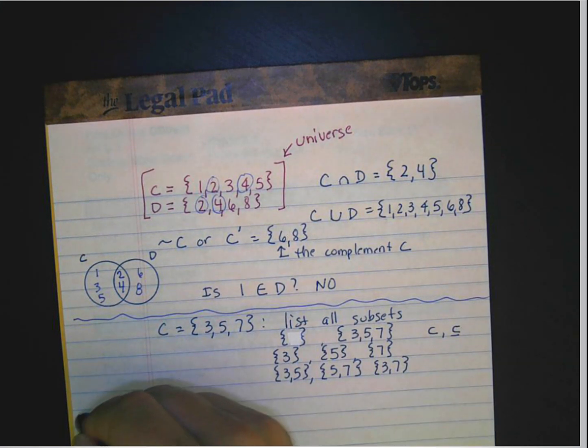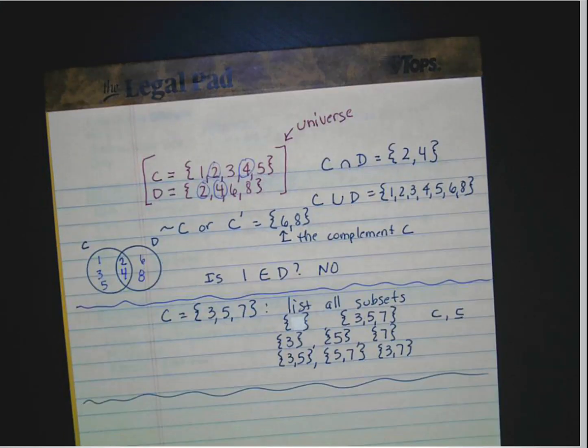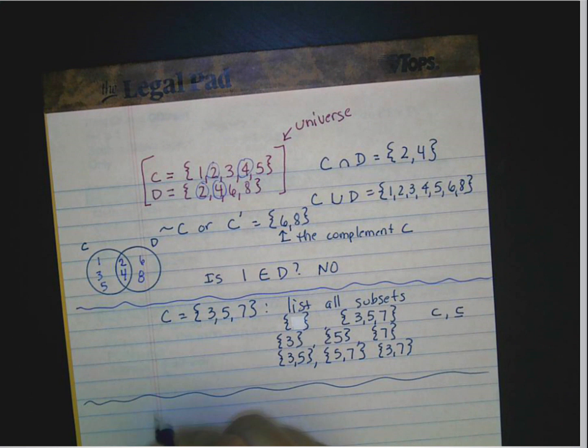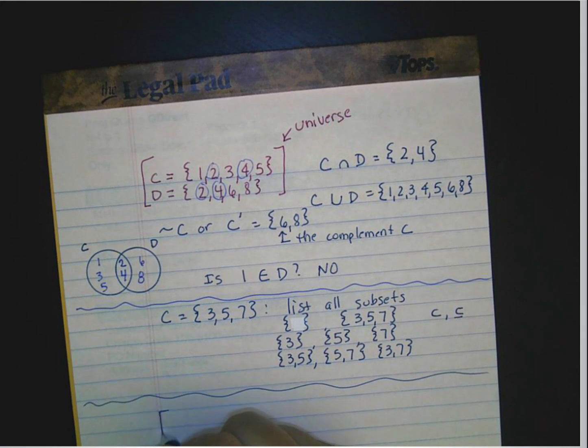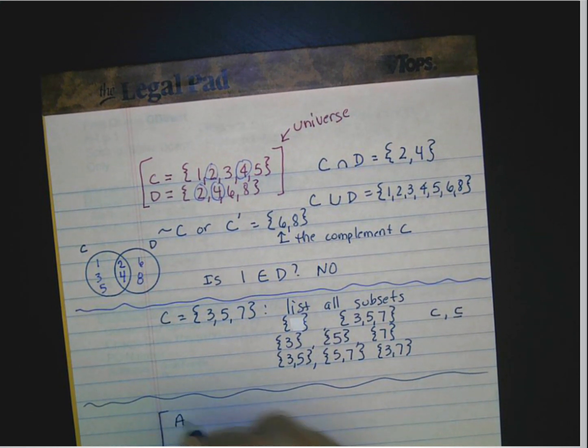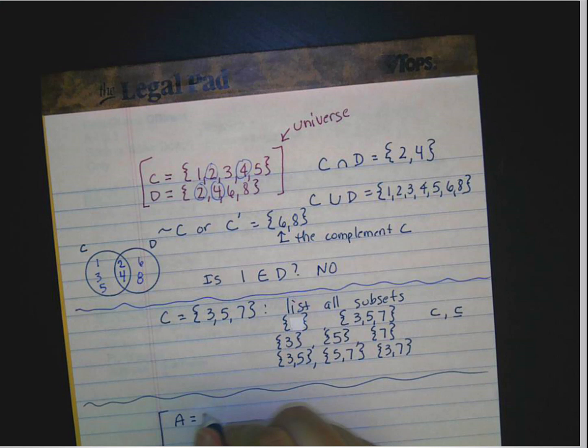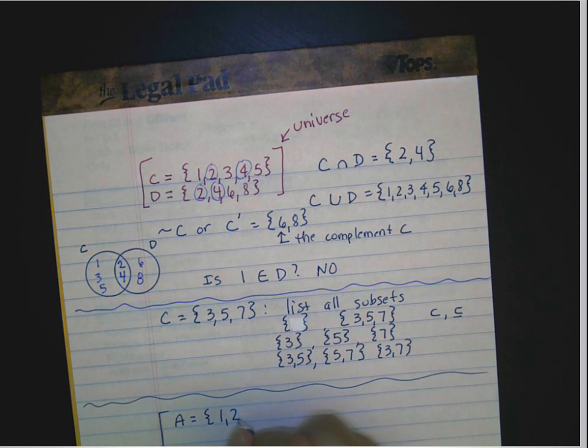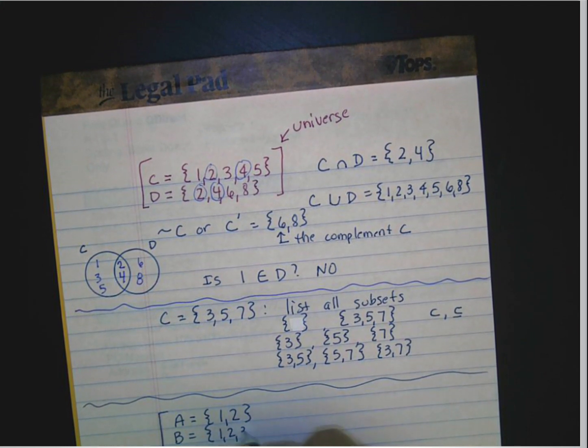All right. Let's do one more and we'll call it a day. Let's get our universe here. We'll do set A is 1 and 2. Set B, 1, 2, 3, 4, 5. Okay, so there's my universe.